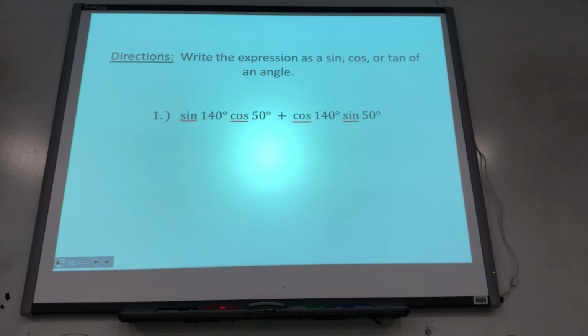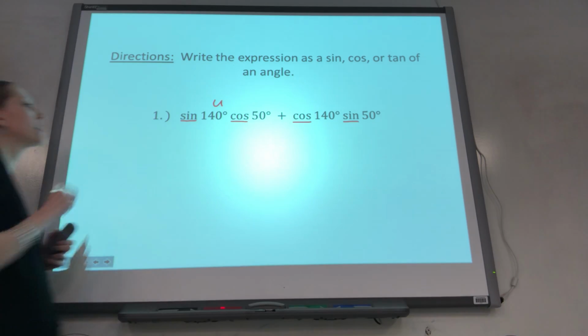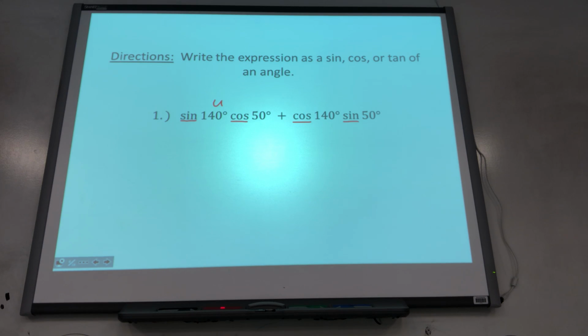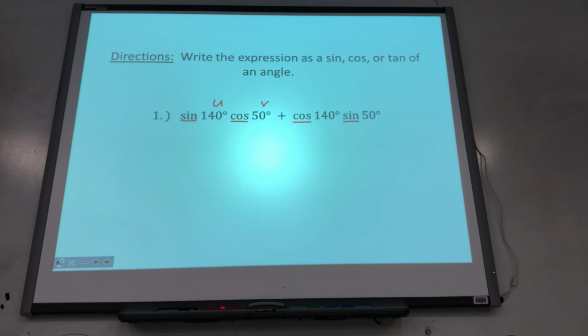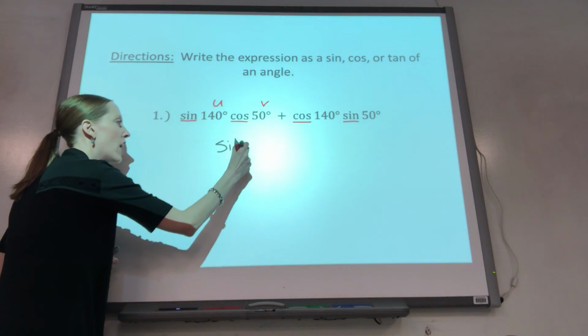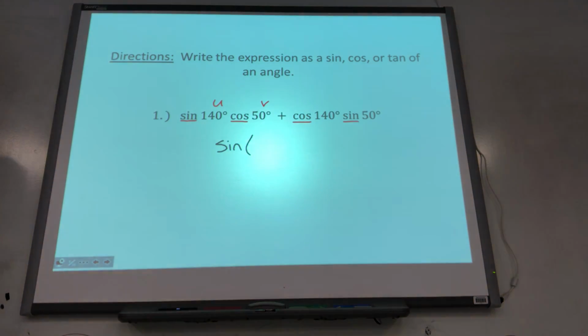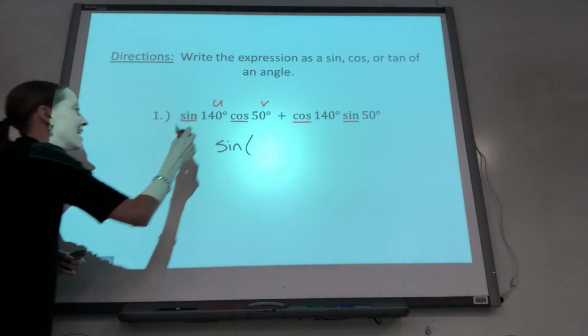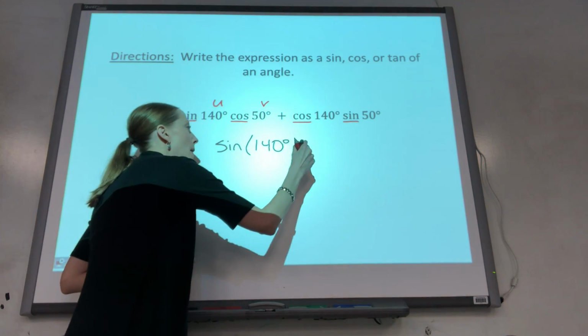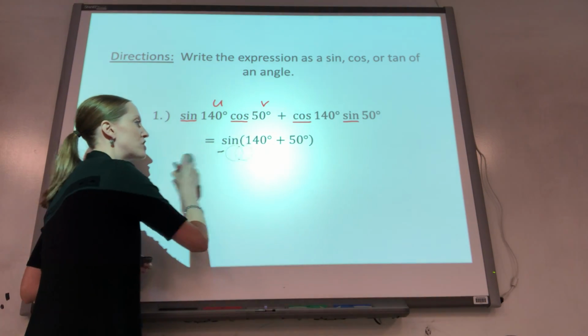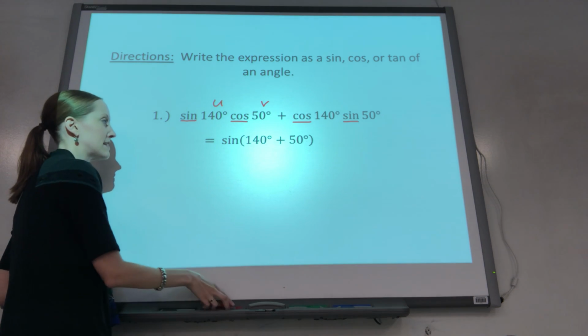Now on our problem, the u is 140 degrees and the v is 50 degrees. So let's turn it back into what it would have started out as. I need sine in front, because this is the sine of u plus v formula. U is 140 degrees plus v, which is 50 degrees.